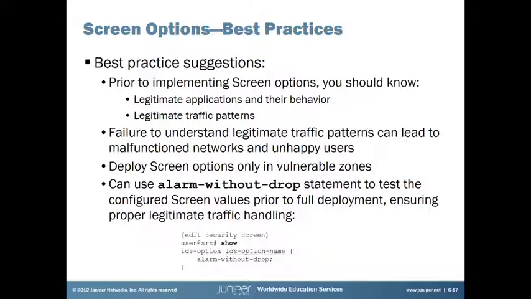We can configure those into our screen options, but we can use this alarm-without-drop statement in our configuration. What that does is say that if we exceed the parameters we have set, we won't drop the traffic, but we will create an alarm which we can record, to alert us when our thresholds have been exceeded.